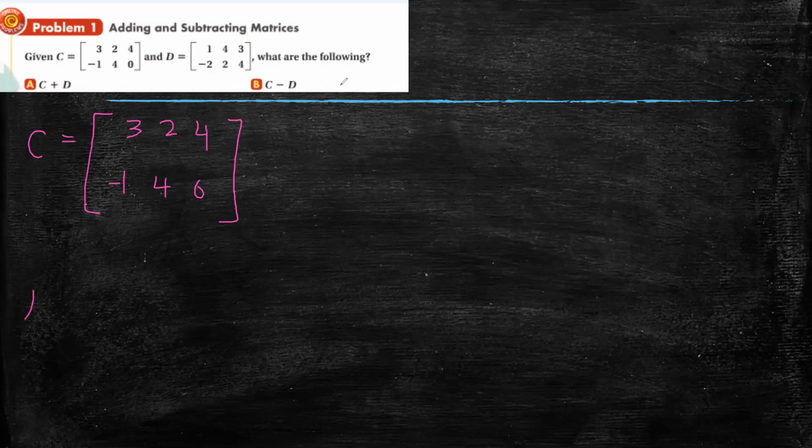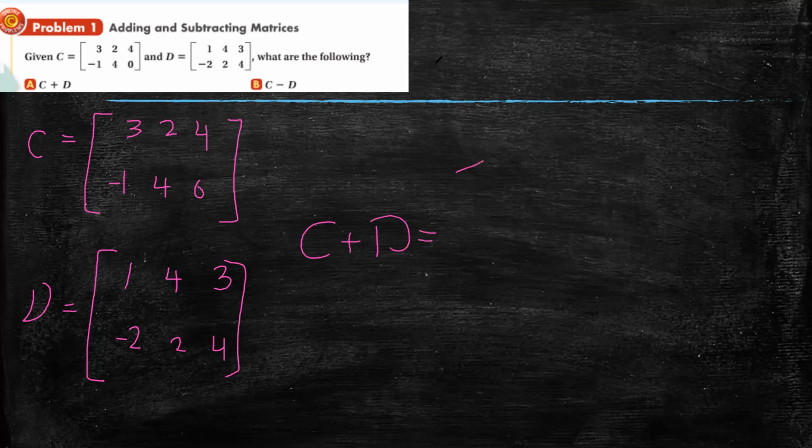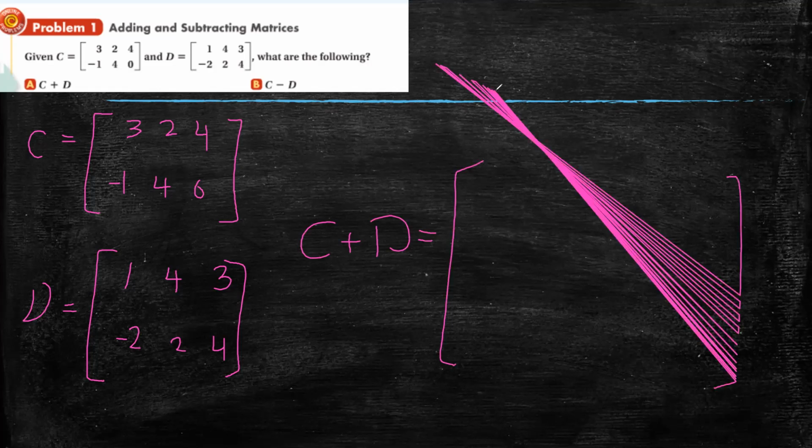And the second one, which is D, we have 1, 4, 3, negative 2, 2, and 4. Adding them means combine them. Combine these two matrices in one matrix. So C plus D comes now as one matrix.